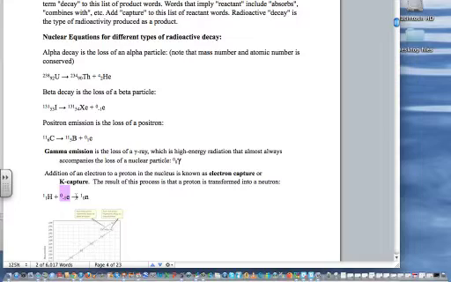The same types of things happen in nuclei when you do either beta or positron emission. In beta decay, instead of a proton changing into a neutron, a neutron is changing into a proton. So your mass number doesn't change, but your atomic number goes up.